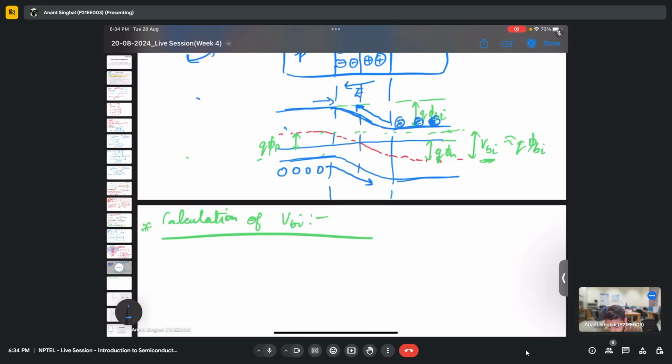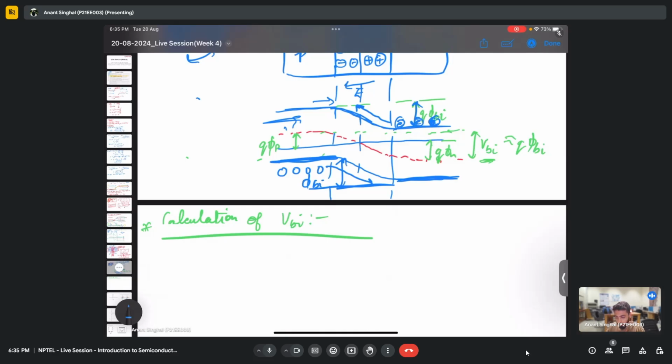So electrons in the conduction band of the N region see a potential barrier in trying to move to the conduction band of the P type, and similarly holes in the valence band experience a potential barrier in trying to move into the valence band of the N side. This particular barrier that I have marked as qφBI is referred to as the built-in potential, or the barrier potential. And this built-in potential maintains the equilibrium between the majority carriers in the N region and the minority carriers in the P region, and similarly between the majority carrier holes in the P region and the minority carrier holes in the N region.